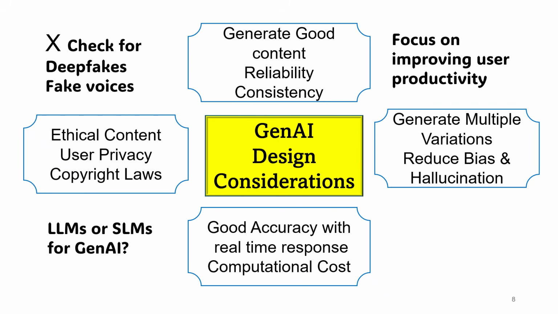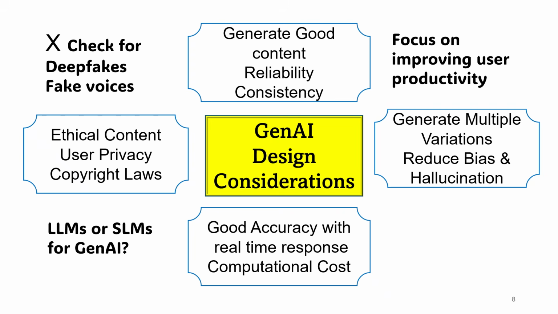As GenAI learns from real data, it may contain bias like gender bias. GenAI can confidently provide false and fabricated responses, called hallucination. Hallucination may mislead users towards believing in fake voices, fake news, and deepfakes.